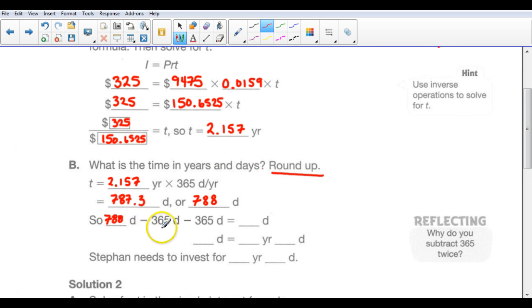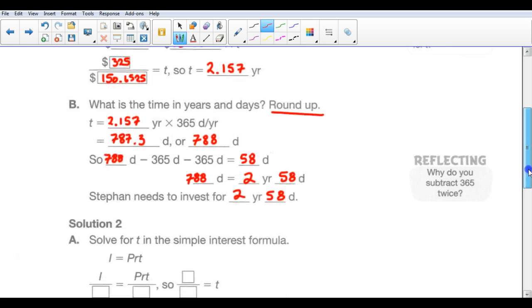We subtract 365 days for 1 year, we subtract 365 days for another year, and we get an answer of 58 days. So 788 days is the same as 2 years and 58 days. So Stephen needs to invest for 2 years and 58 days.